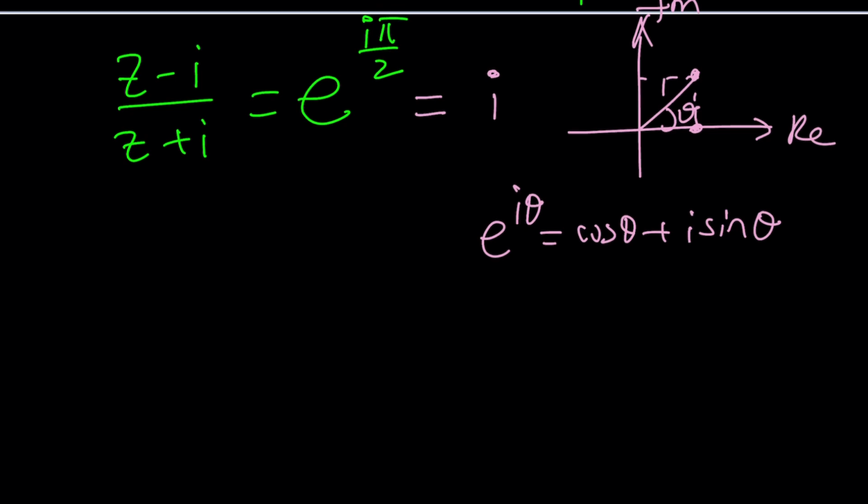Make sense? And this is called the standard form. You can write it as a plus bi, so on and so forth. But what's really significant is that when the angle is pi over 2, then you get a special number, which is imaginary. And that's our imaginary unit, actually. Because if you think about the imaginary axis, and in the positive direction, like upward, right?